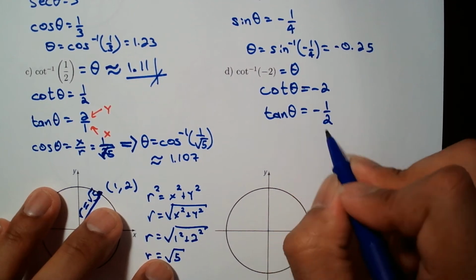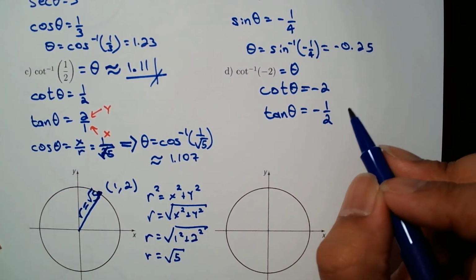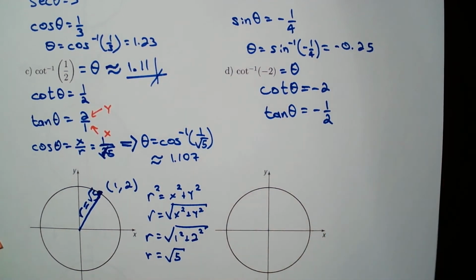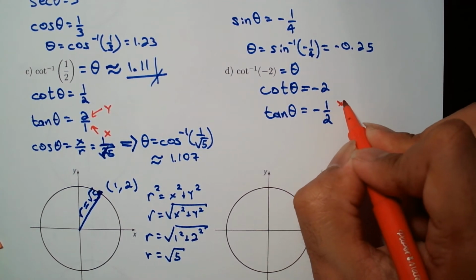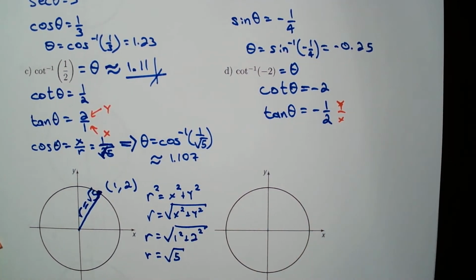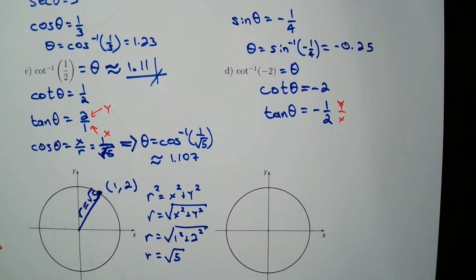So from here, I'm going to build another circle of radius r. Again, keep in mind that this is y over x actually. Okay, y equals -1, and x is positive 2. Well, that's going to depend.